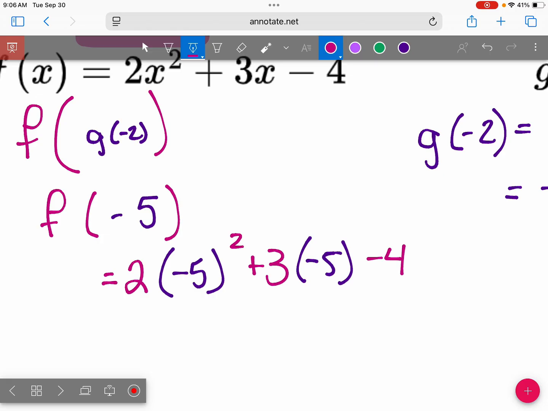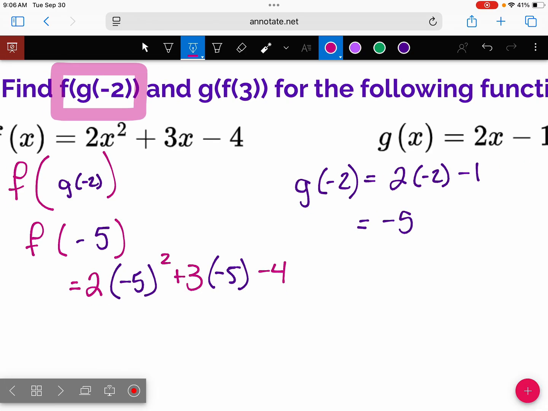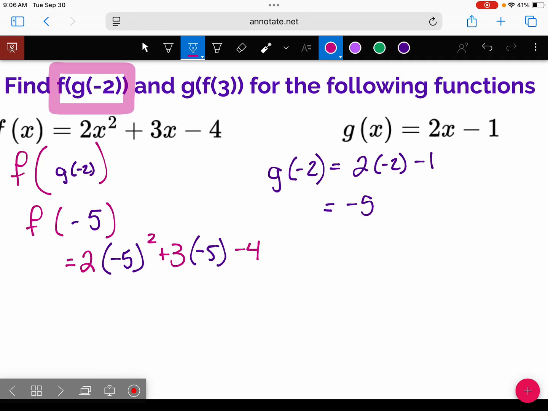So when we simplify that, what are we going to get? The negative 2 went in for the g of x, went in here.